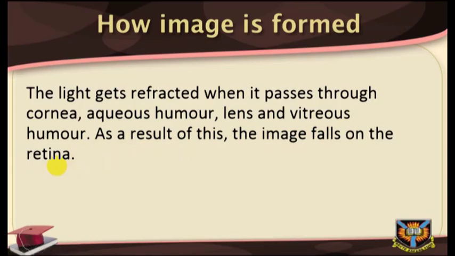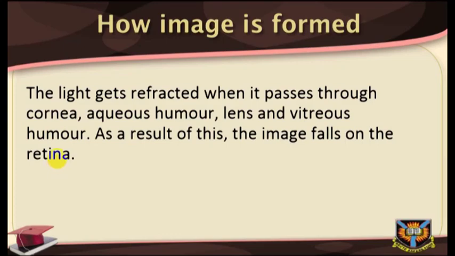Here, the curvature of the lens is increased by the contraction of the ciliary muscles so that the image is formed on the retina. Thus, depending upon the distance of the object from the eye, its ability to focus the image on the retina by altering the convexity of the lens is called the power of accommodation.